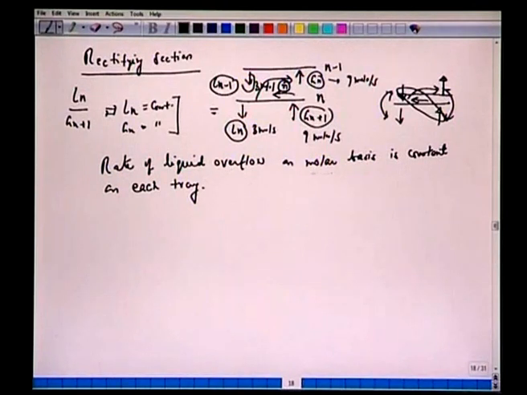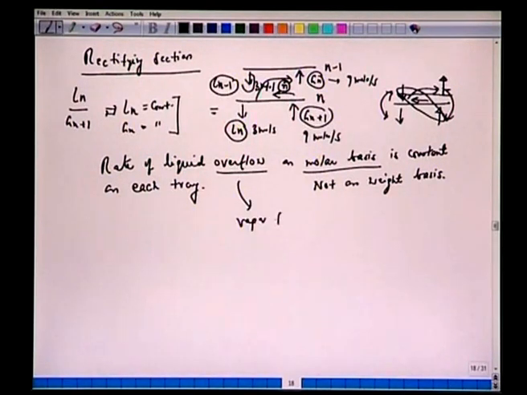Of course, first we note that it's a molar basis, not weight fraction basis or weight basis. All right, so the liquid overflow as well as the vapor flow rate is constant on each tray.